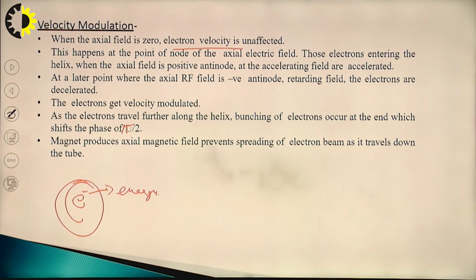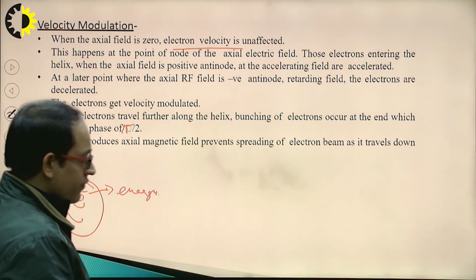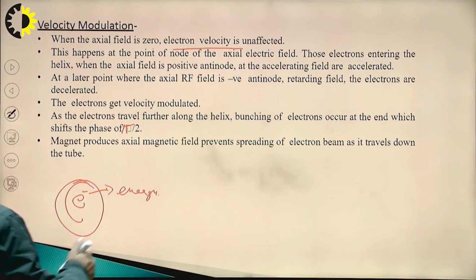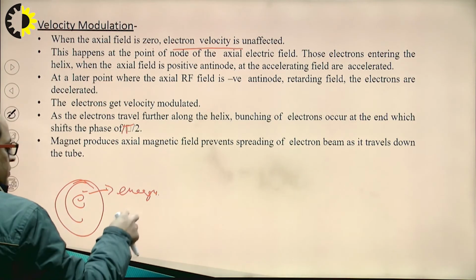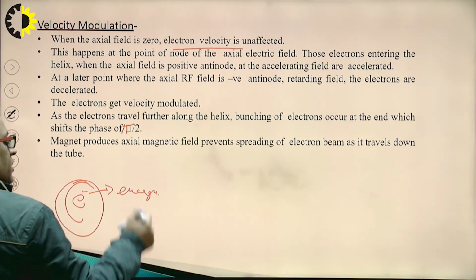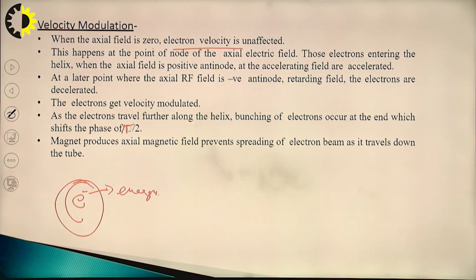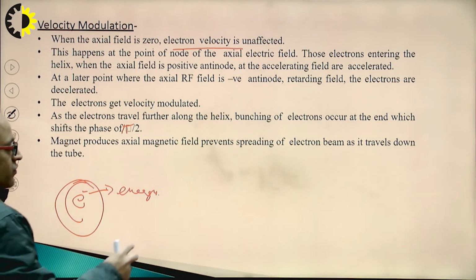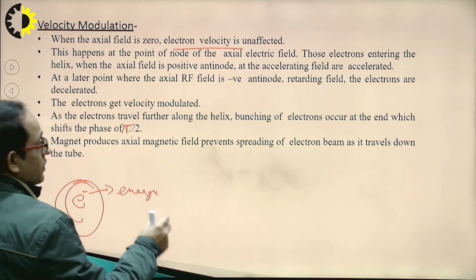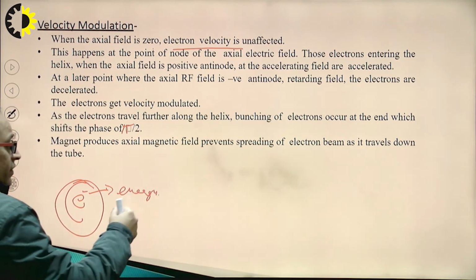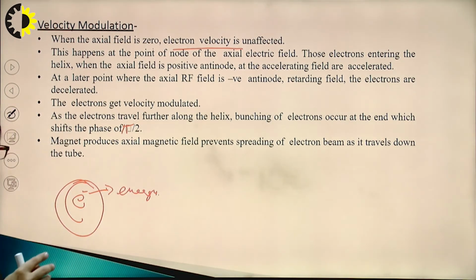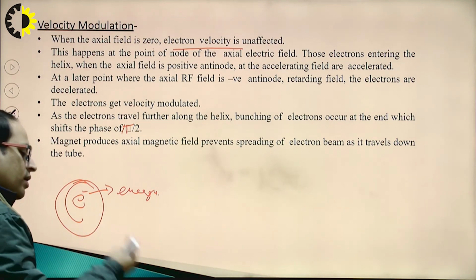When the electron interacts with the negative RF field, the retarding field, the electron transfers its energy to the RF field.